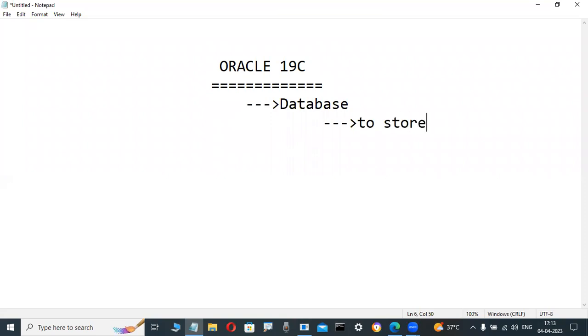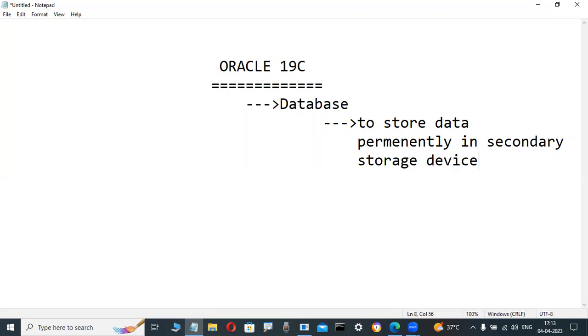What is the purpose of database software? To store data permanently in secondary storage devices. Secondary storage devices means always hard disk or a disk only.